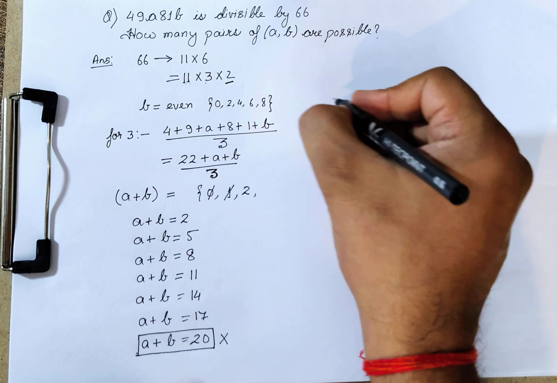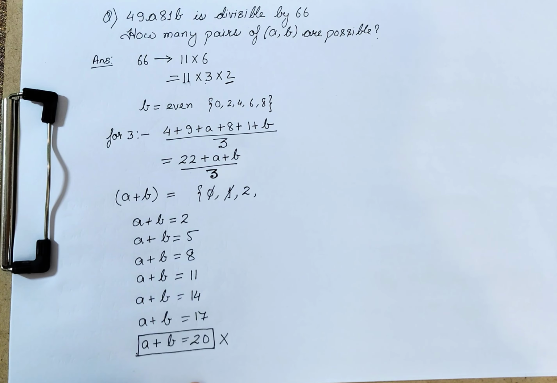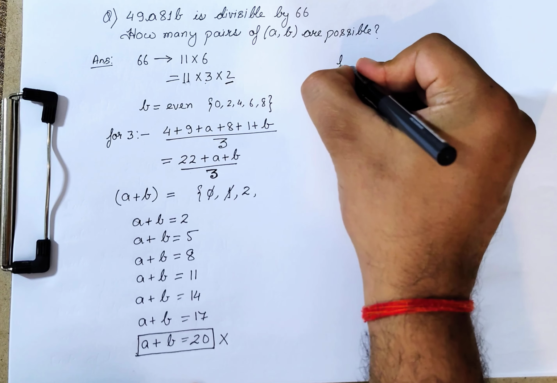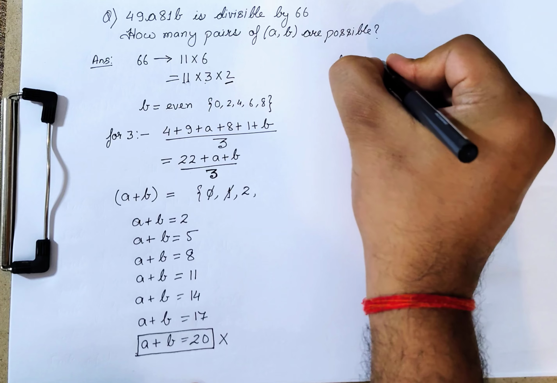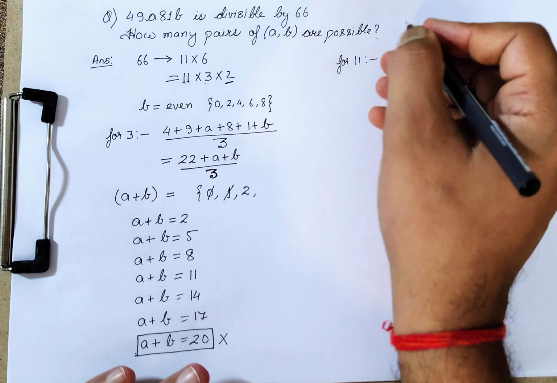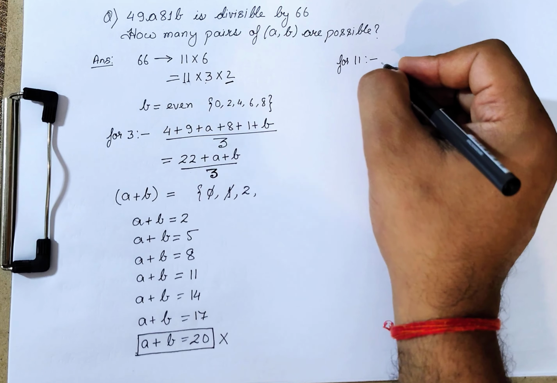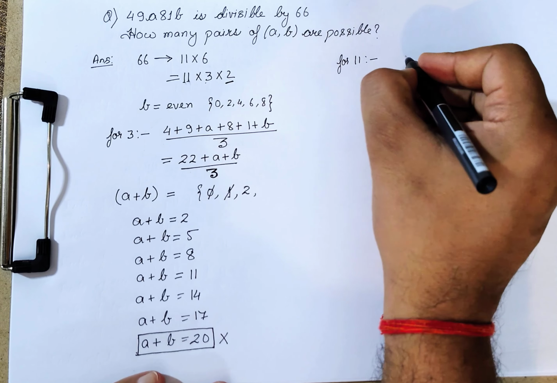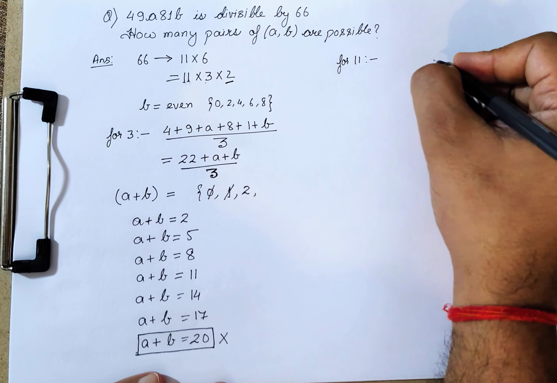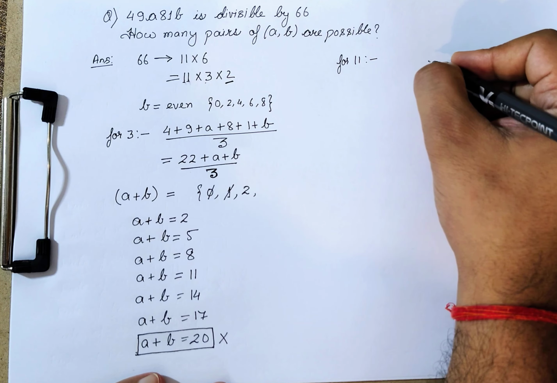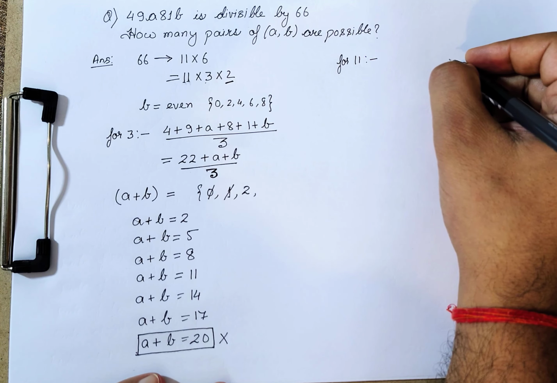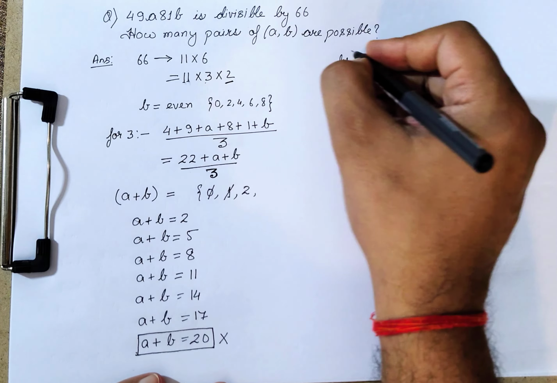Okay. Now we know that the given number is also divisible by 11. So let's find out for 11. And for 11, what we need to do is take the difference of the sum of the digits at odd places when counted from right and the sum of the digits at even places when counted from right.